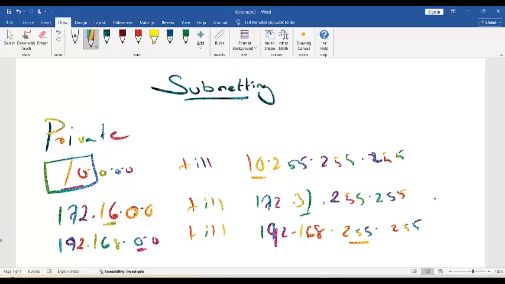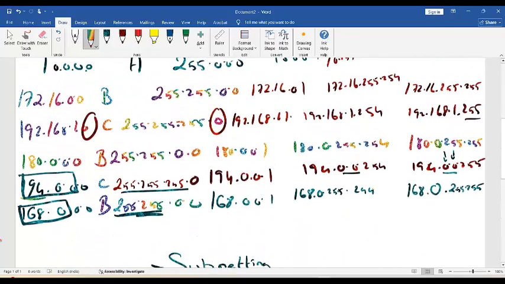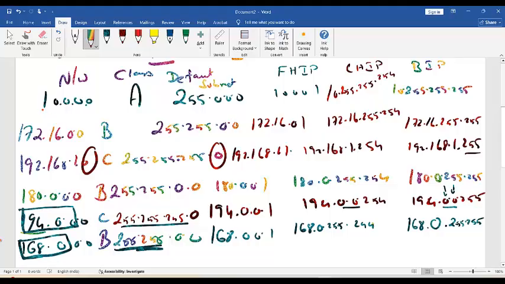Listen very carefully. When you have one network, you have one IP as the first IP, one address as the broadcast, and one address as the last. Likewise, when you do subnetting, each subnet will have its own first IP, its own last IP, and its own broadcast IP.